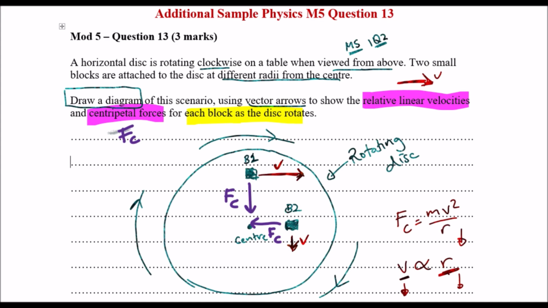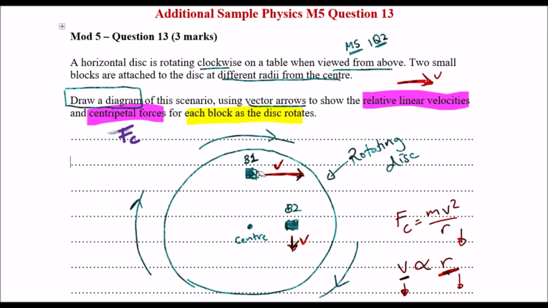Actually, let's just change one thing very quickly, and that's the centripetal force. We know the same idea with this formula we have here. As the radius is smaller, there is less centripetal force required to pull the object in, because it's moving slower.